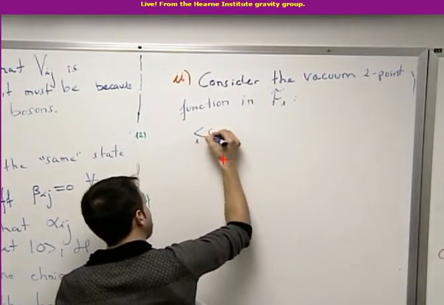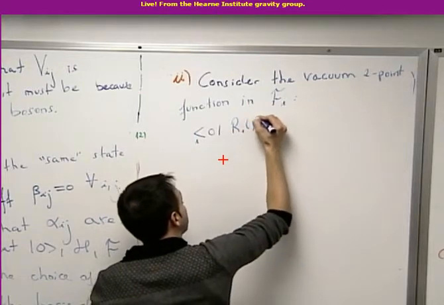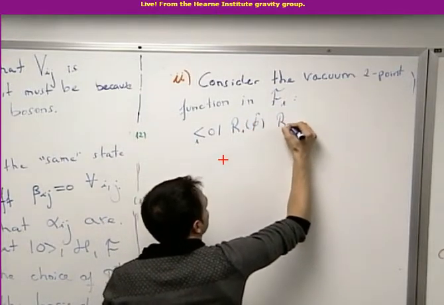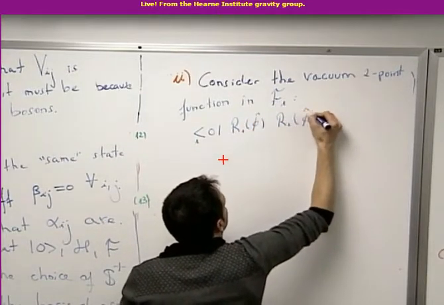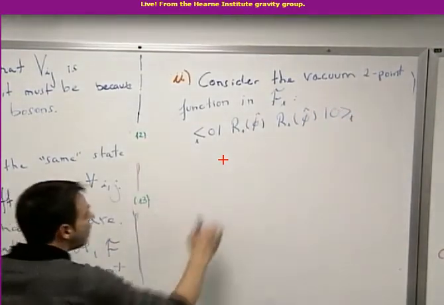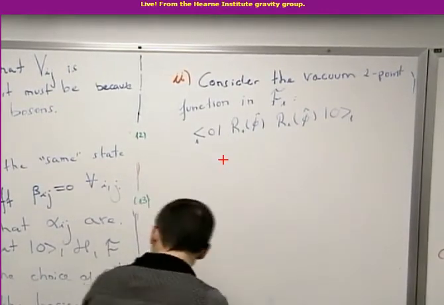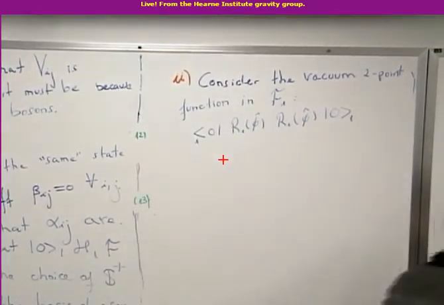Take the vacuum one and take the expectation value with the operator represented, of course, in the Fock space one. I know that this notation is kind of heavy, but I want to keep it because we may have confusion.